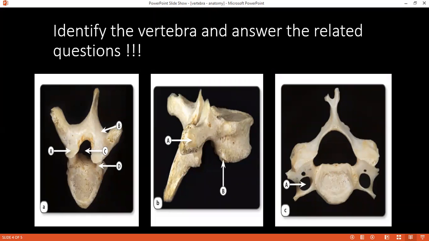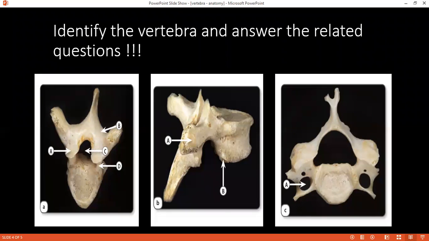Okay. Can you please tell me what passes through this? Spinal cord, ma'am, along with its meninges, blood vessels, as well as the arteries, anterior spinal artery, posterior spinal artery.